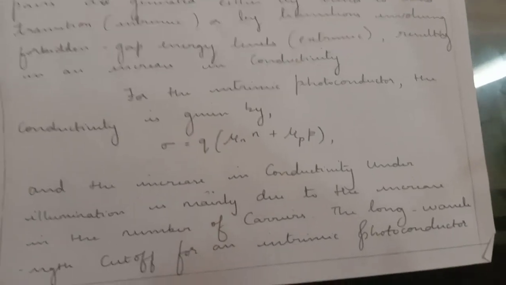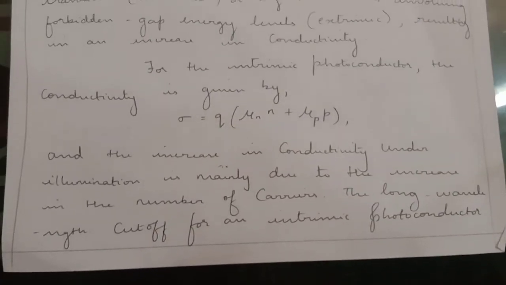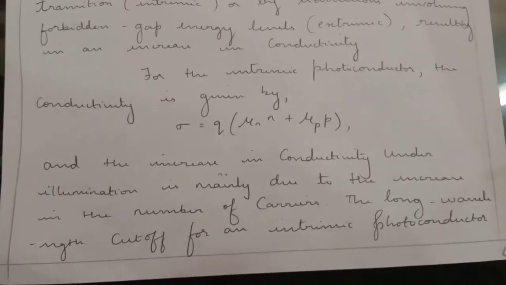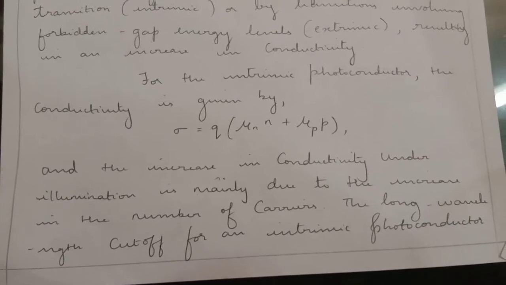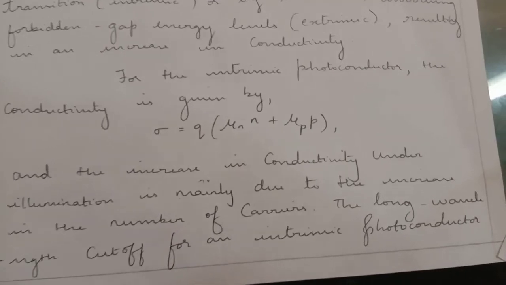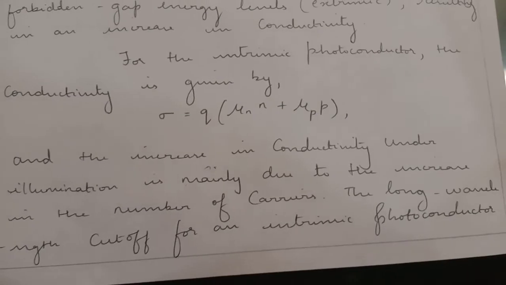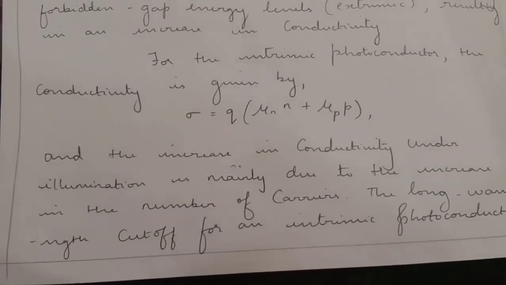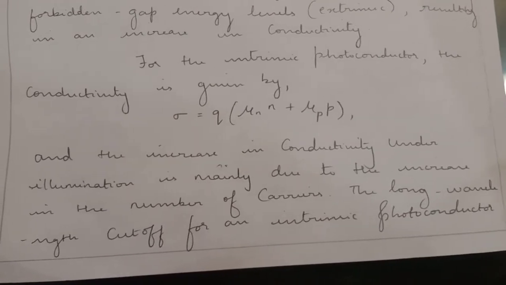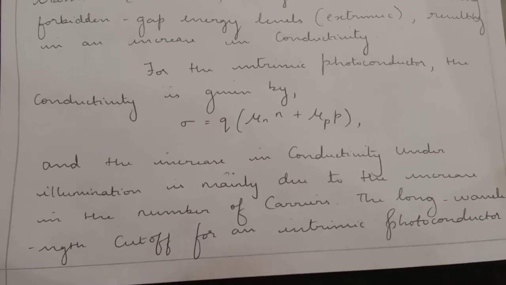This increases the conductivity under illumination, that is, when the light is present or when the photon energy is absorbed by the semiconductor. It results in an increase of conductivity, which is mainly due to the increase in the number of carriers. When the light is present, carrier generation occurs and more carriers are present, so the conductivity increases.